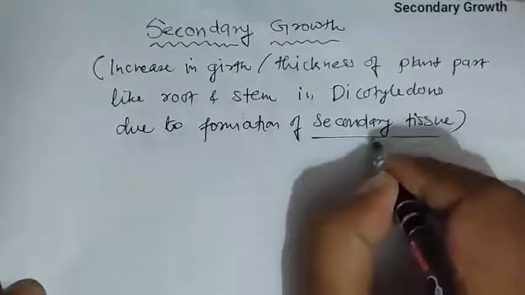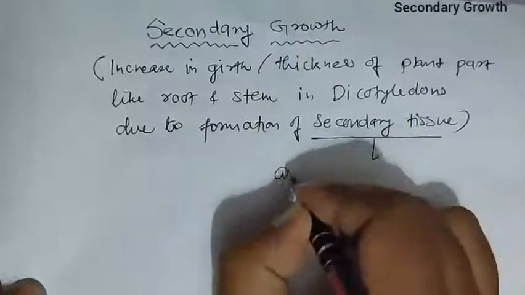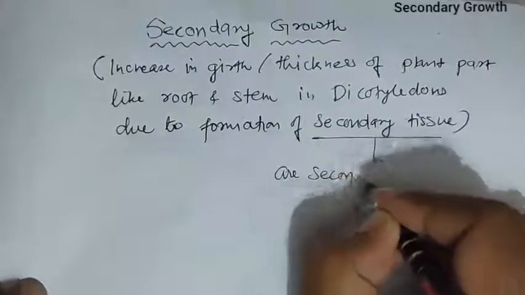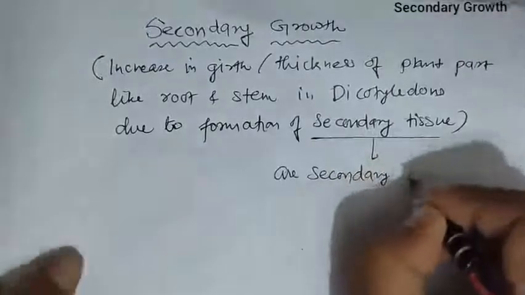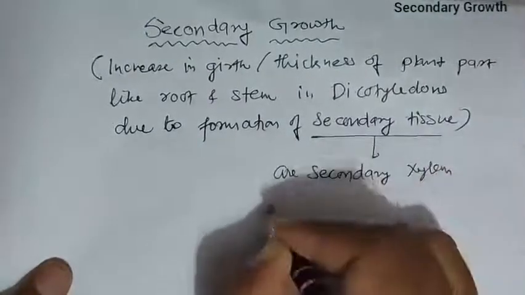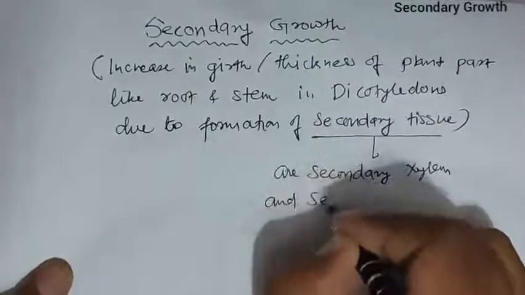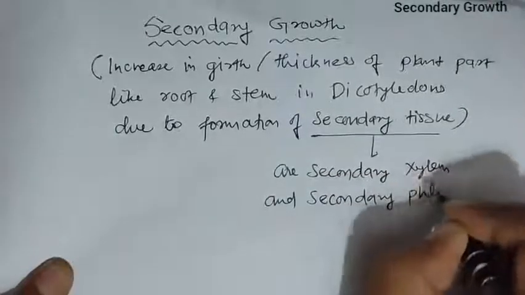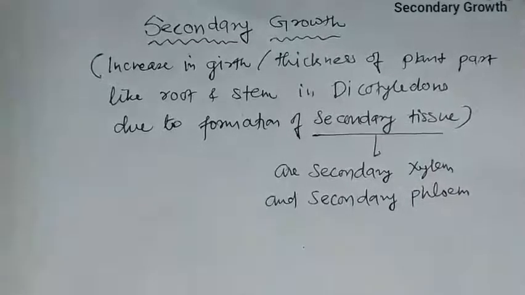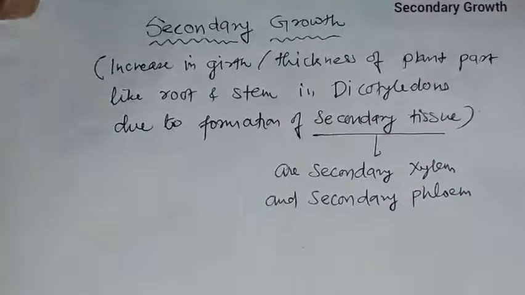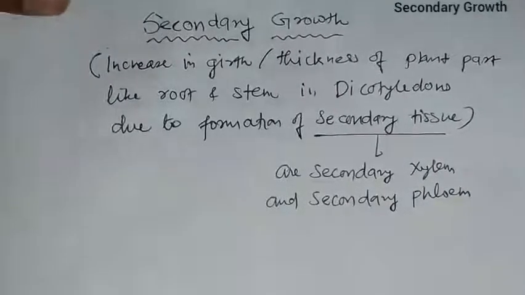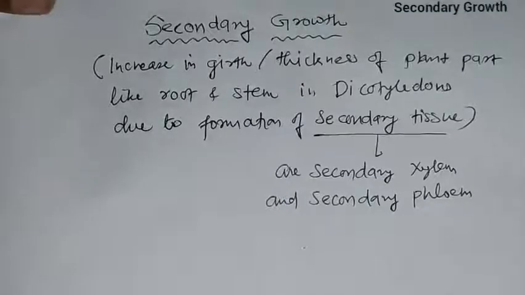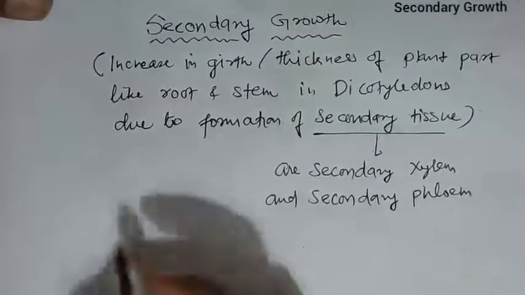Now secondary tissues are secondary xylem and secondary phloem. Due to the formation of these tissues, if an increase in thickness or girth occurs, then it is known as secondary growth.